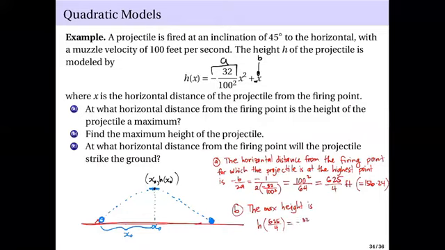So this will be equal to negative 32 over 100 squared times this guy here squared. So 625 over 4 squared, and then plus the x here. So it's again 625 over 4. And then you just simplify this.